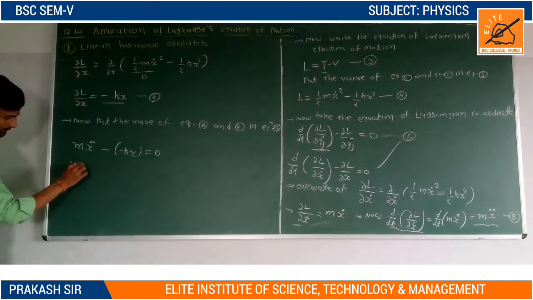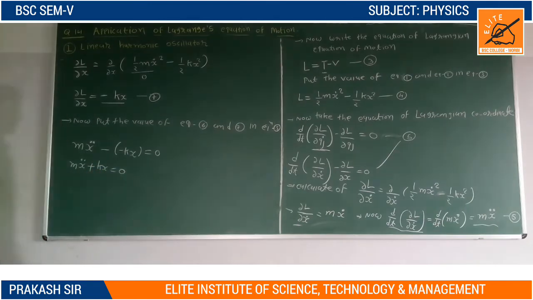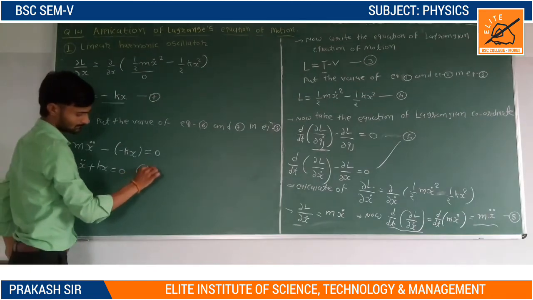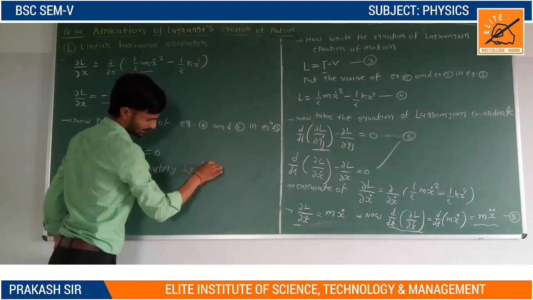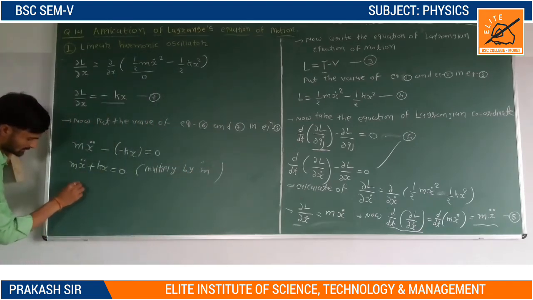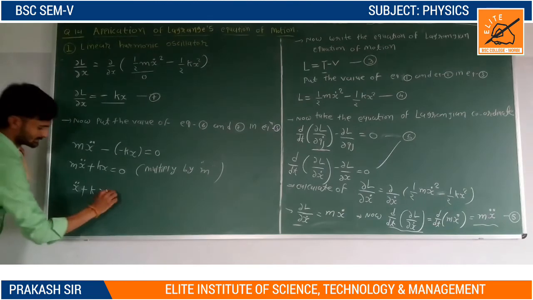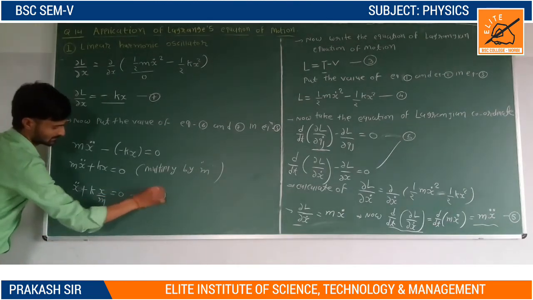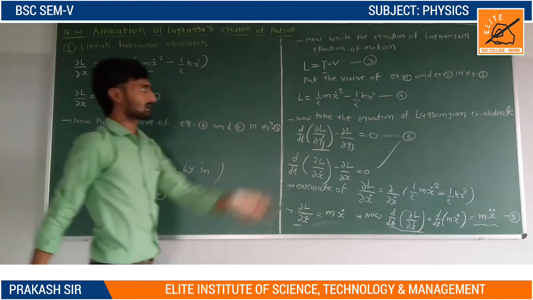So m x double dot plus kx is equal to 0. Now divide by m. So x double dot plus kx upon m is equal to 0. So equation number 8. This is the equation of linear harmonic oscillator from Lagrangian equations.